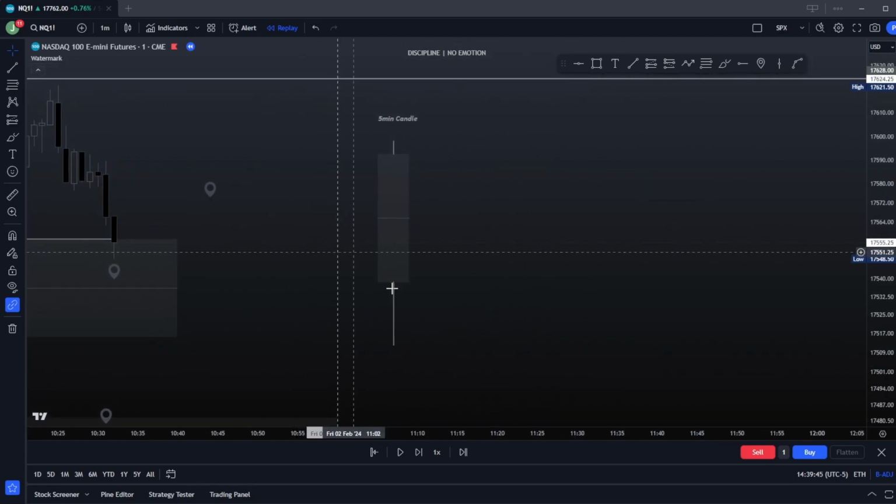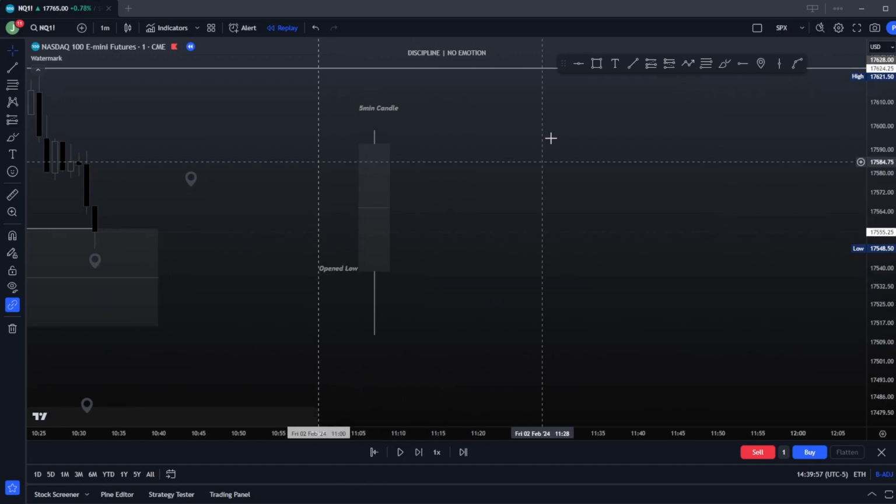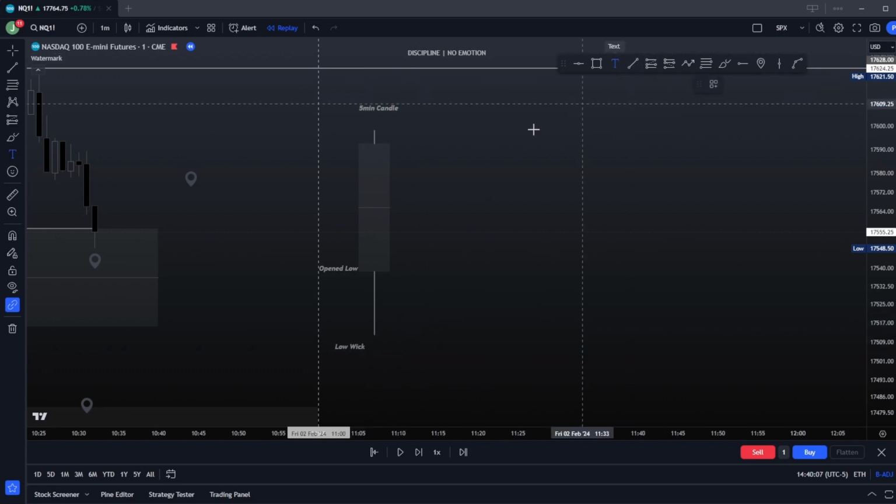Okay, now what do we see? We opened low. We created a low wick. We have a higher wick.